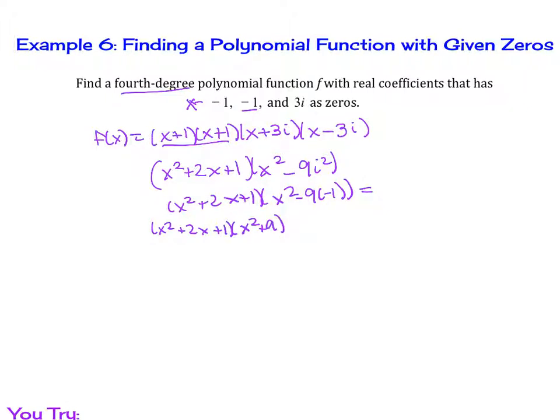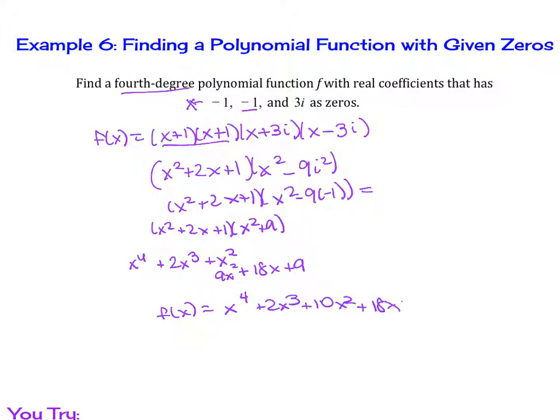So this becomes x to the fourth plus 2x cubed plus x squared, then 9x squared plus 18x plus 9. And so our final function will be x to the fourth plus 2x cubed plus 10x squared plus 18x plus 9.